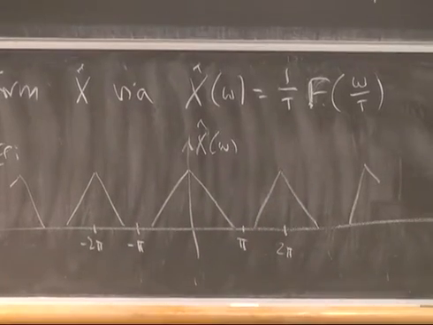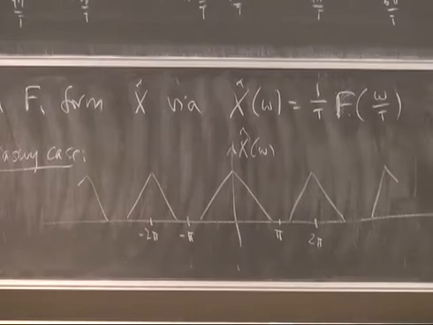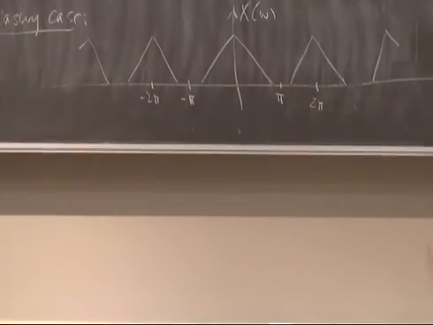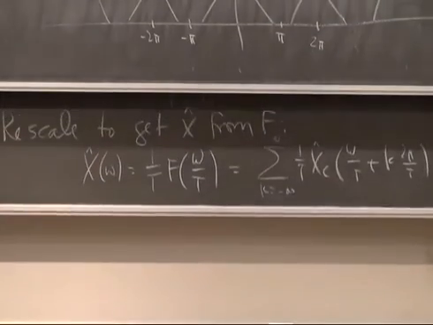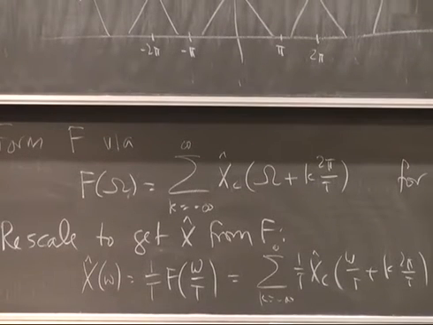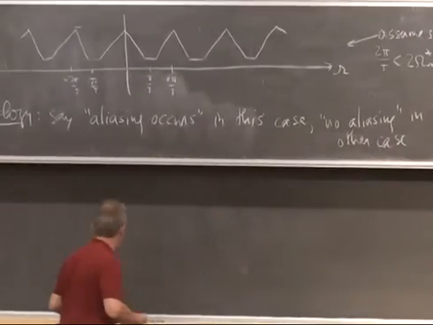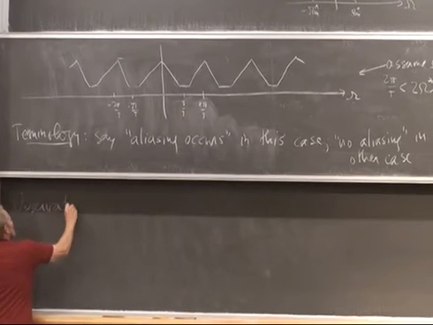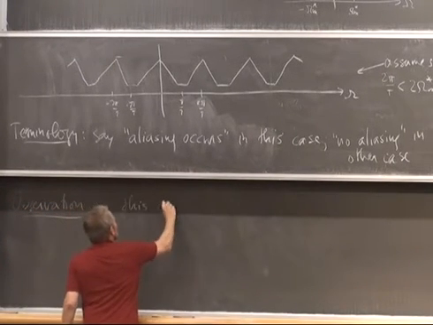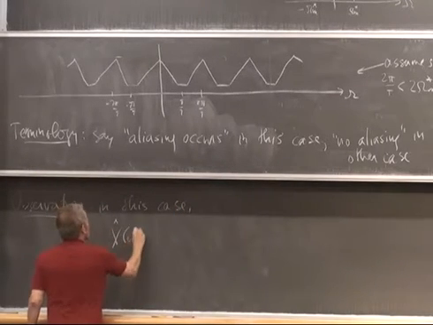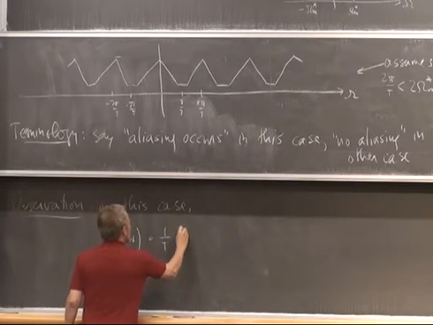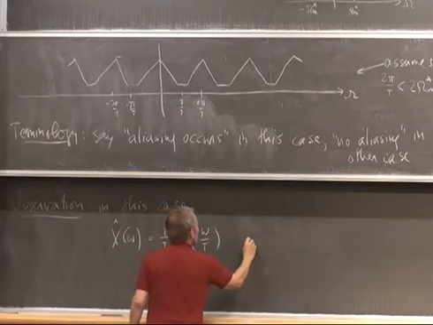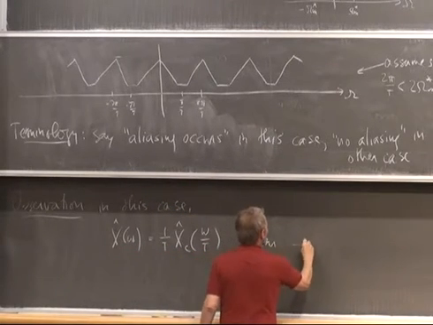So the key observation in this case is that x hat of little omega is equal to 1 over T, x c hat of little omega over T for values of little omega between minus pi and pi.